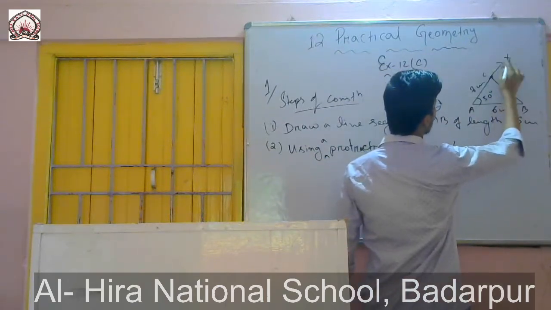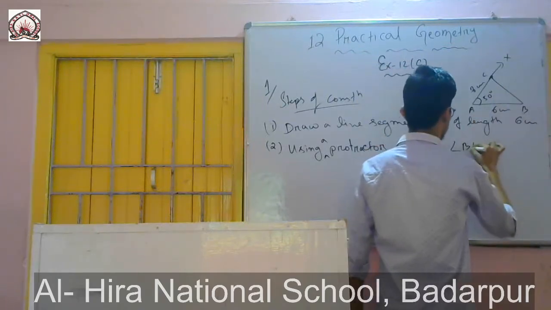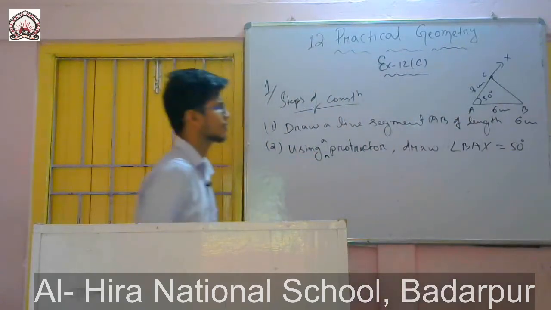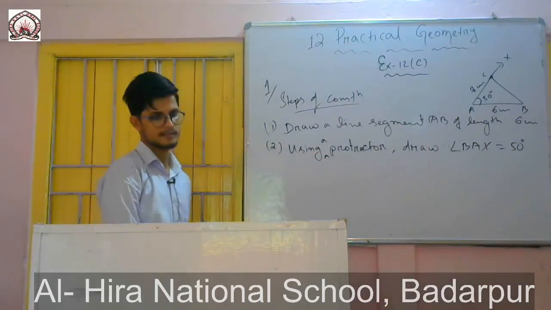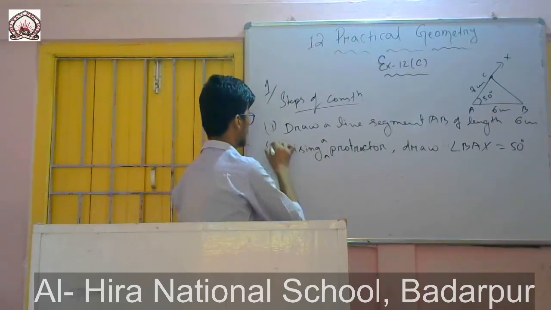First of all what we draw, BAX equals to 50 degrees. Using a protractor, draw angle BAX equals to 50 degrees. So this is Roman number 2.